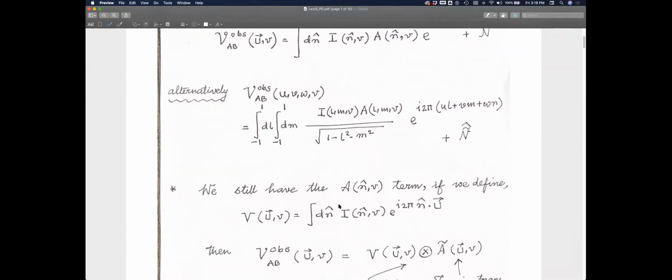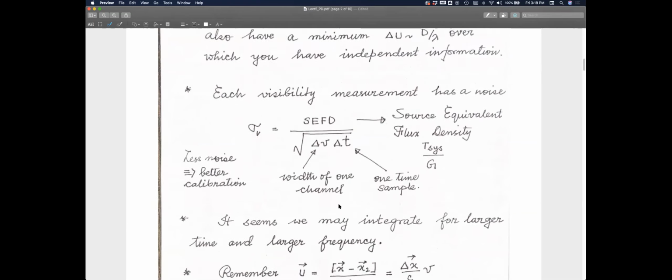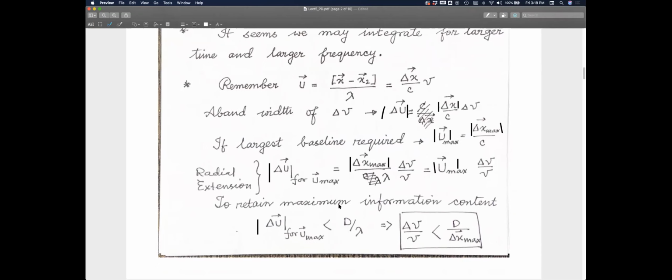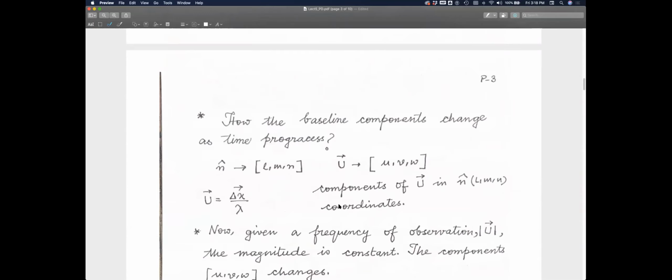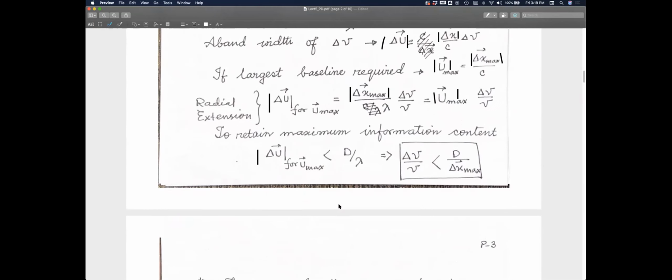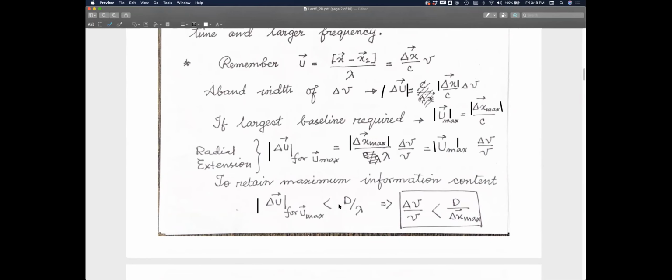I cannot make the channel smaller, because then I will have bandwidth smearing, as we discussed here. But while making the image, I can do some clever transform, which will let me get more measurements in the visibility plane.